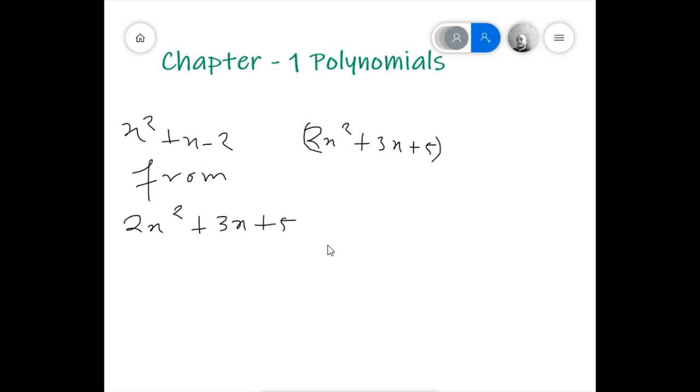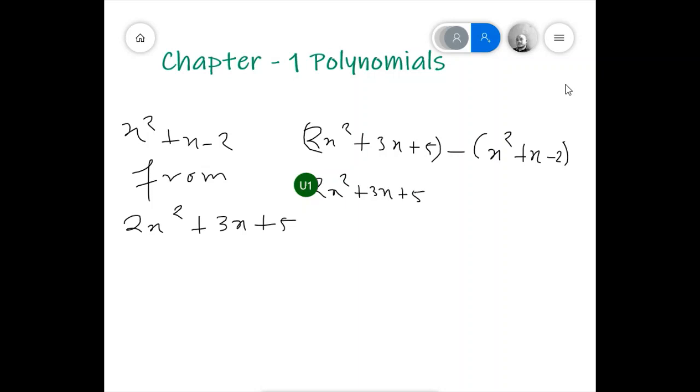minus x square plus x minus 2. Okay, now open the bracket. 2x square plus 3x plus 5.